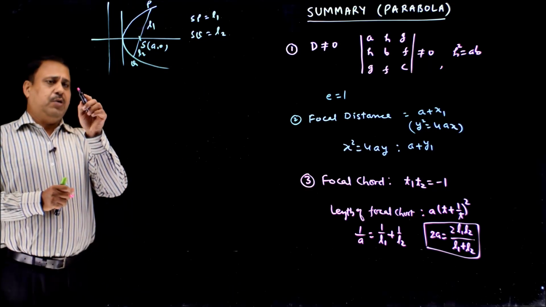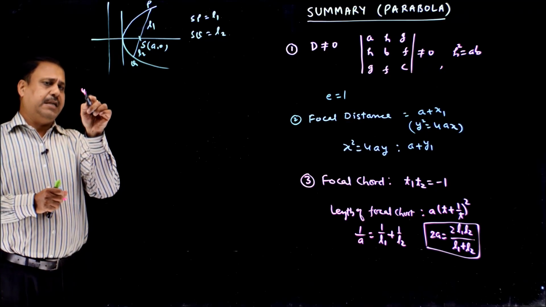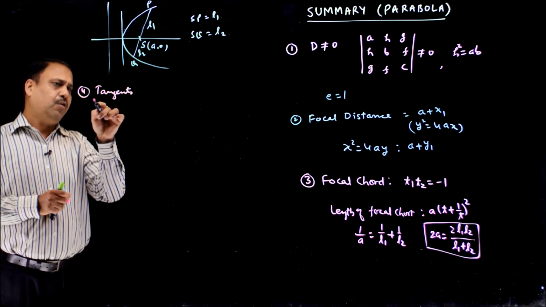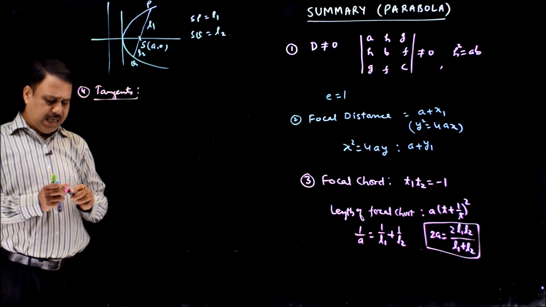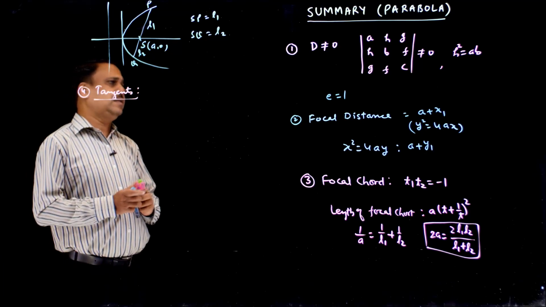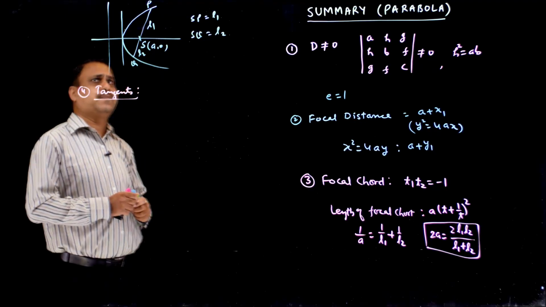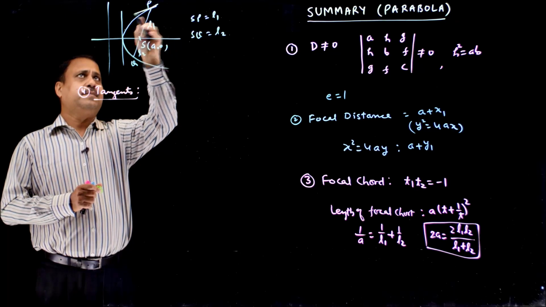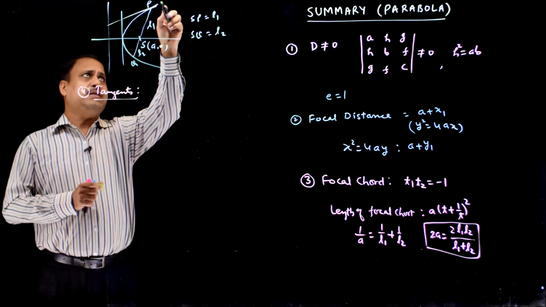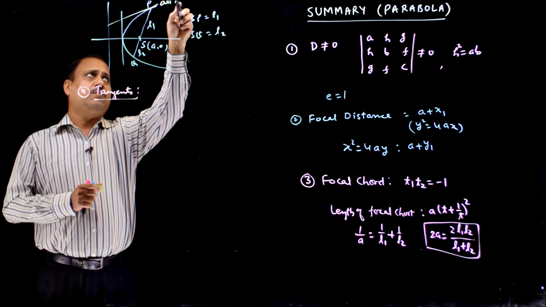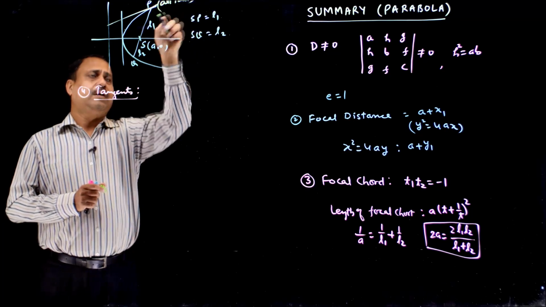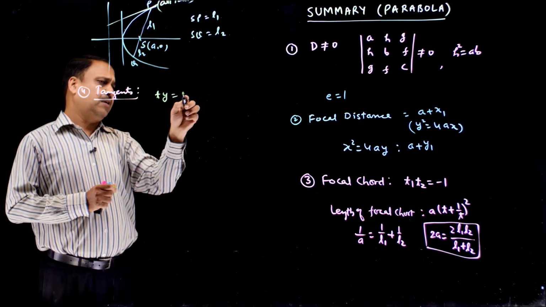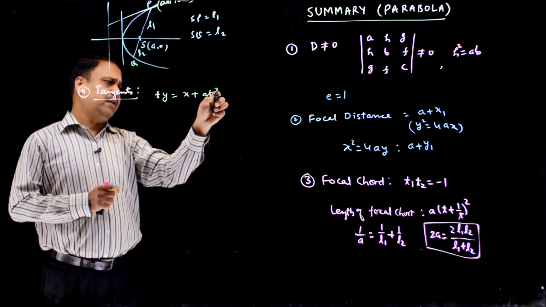Now there are some very important properties related to tangents. A lot of questions come directly or indirectly with use of these properties in the exams. If at P I draw a tangent, and this point is (at1 square, 2at1), then the equation of tangent is given by ty is equal to x plus at square.